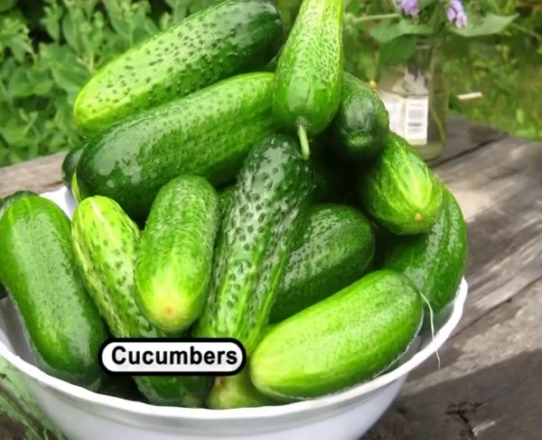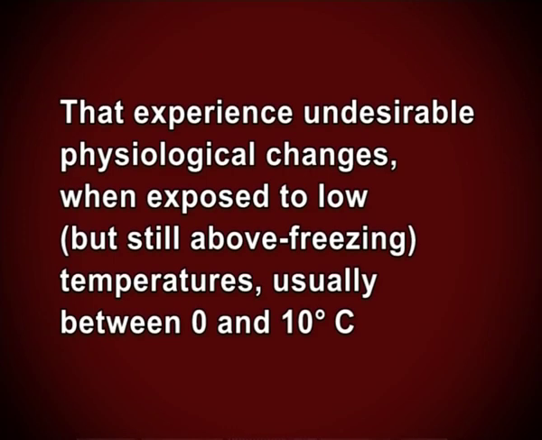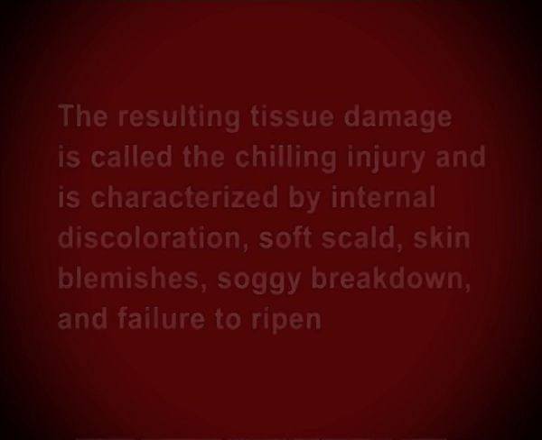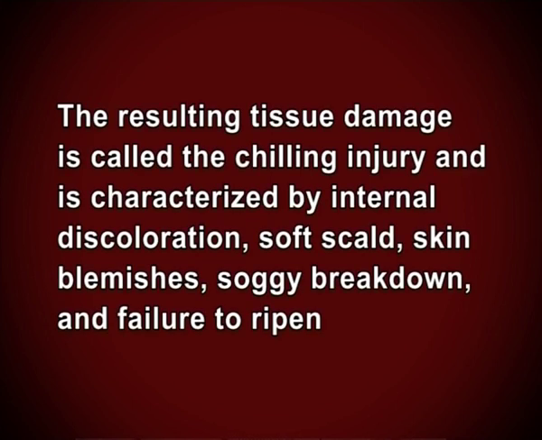But this is not the case for some fruits and vegetables such as bananas and cucumbers that experience undesirable physiological changes when exposed to low but still above freezing temperatures, usually between 0 and 10 degrees centigrade. The resulting tissue damage is called the chilling injury and is characterized by internal discoloration, soft-scald skin blemishes, soggy breakdown, and failure to ripen.